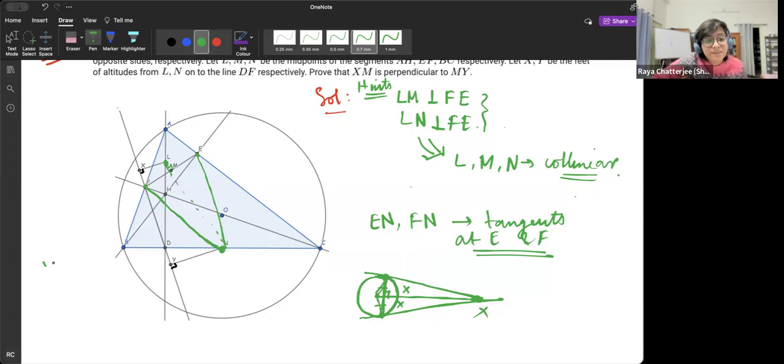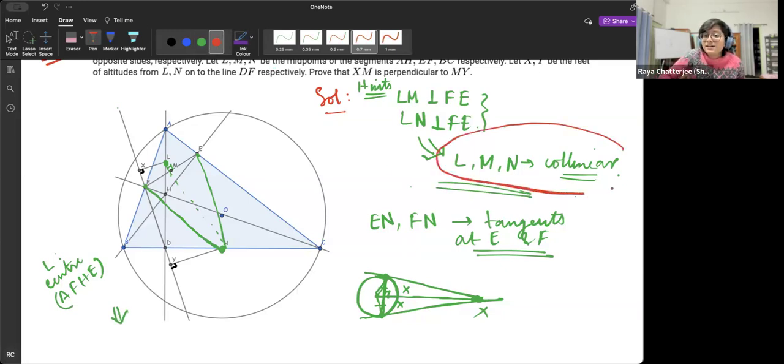L is the center of AFHE. So NL is perpendicular to FE. And since LM is also perpendicular to FE, we have that L, M and N are collinear.